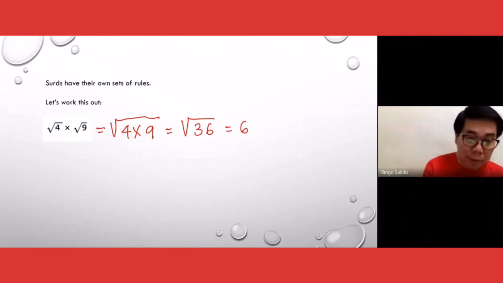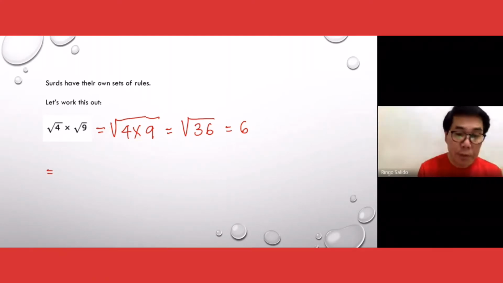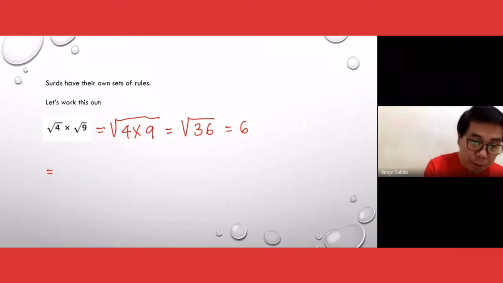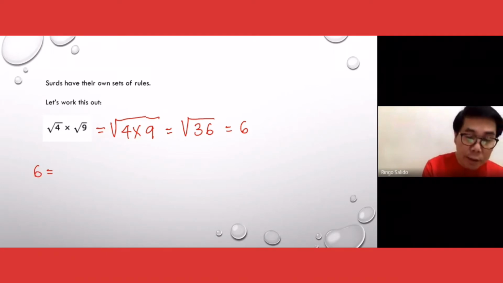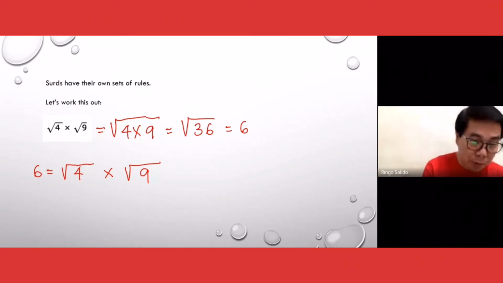That means that 6 is the same as the square root of 4 times the square root of 9, which is also the same as the square root of 36.